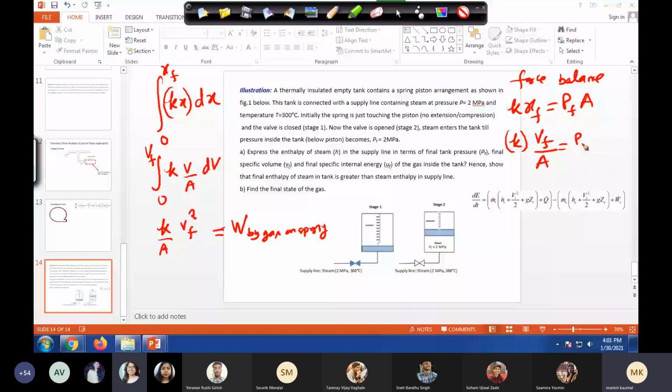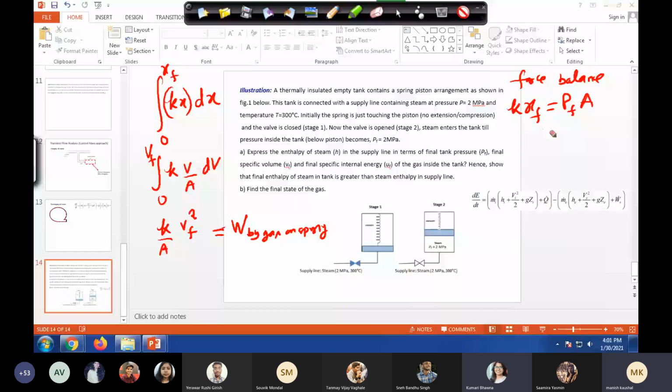Just check. While changing the limits from 0 to x to 0 to vf, the initial is like the full volume of the container, right? No. What is our system? When x equals 0, when there is no compression, then the volume. Okay, sorry, I got confused.